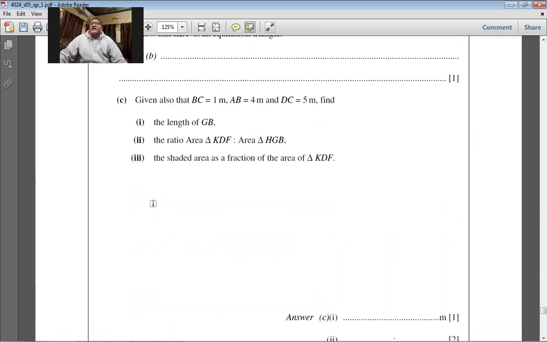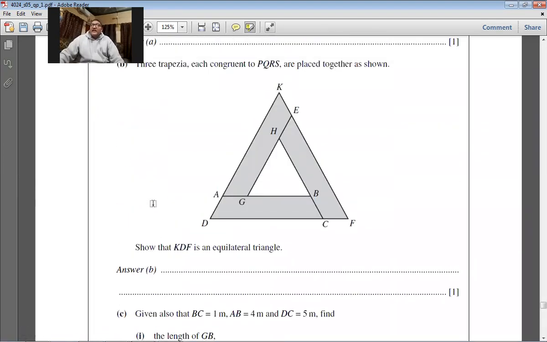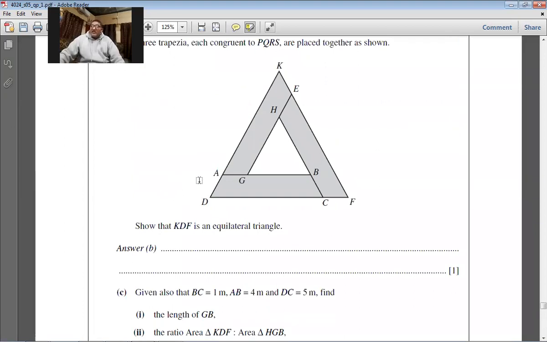He says find the ratio of the triangle KDF. They want the ratio of the KDF. So if the AB is 4 and this AG is 1. They have told us that the D to C is 5 and CF is 1.